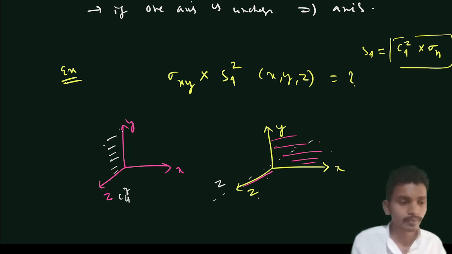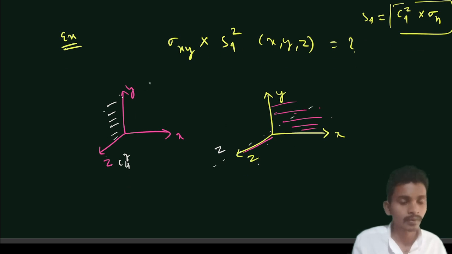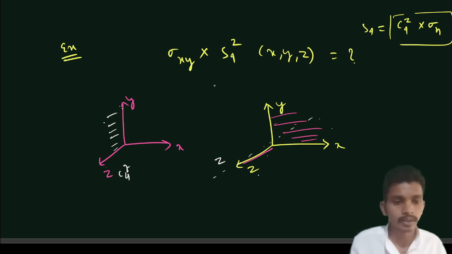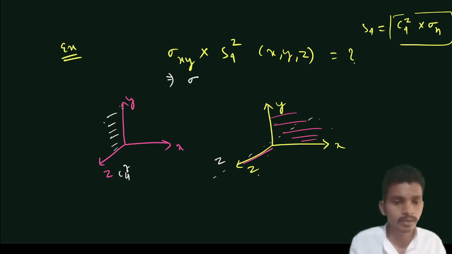Okay, so if I write here, I can write this one. So this is sigma xy, and this S4 I can write as C4Z.